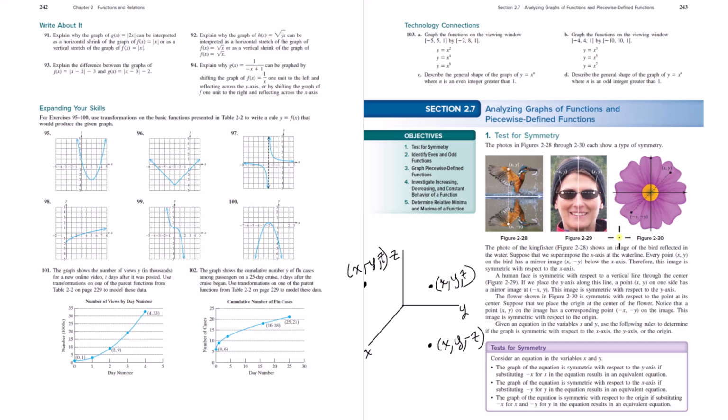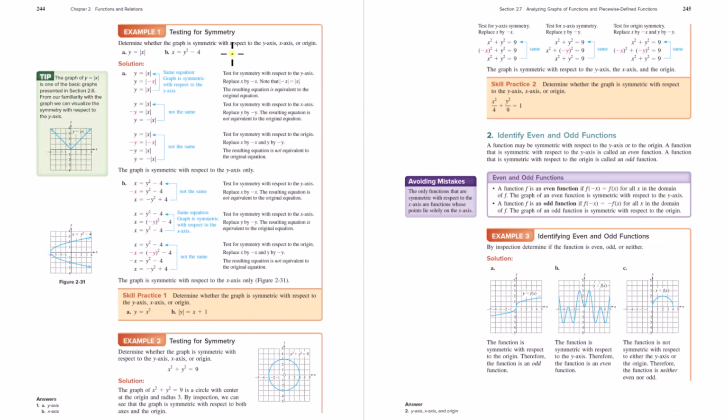We've talked about 3 types of symmetry, and we've been given example equations, that don't have to be functions, it doesn't matter, that have a symmetry about the y-axis. We saw one that has a symmetry about the x-axis. We saw one that has a symmetry about the x-axis, the y-axis, and the origin.